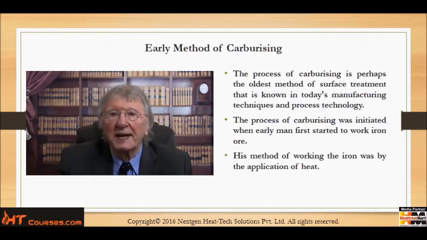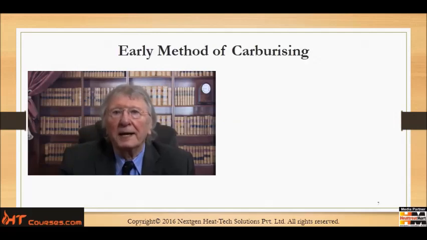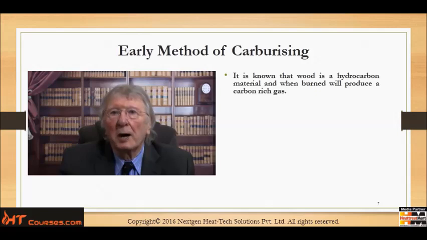His method of working the iron was by the application of heat. His method and source of heat was the fire. It is known that wood is a hydrocarbon material and when burned will produce a carbon-rich gas.